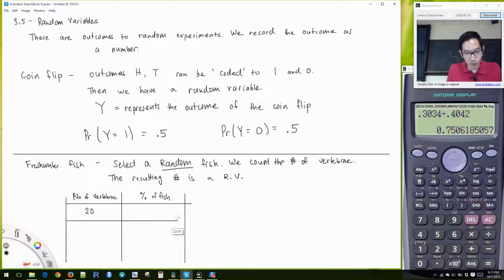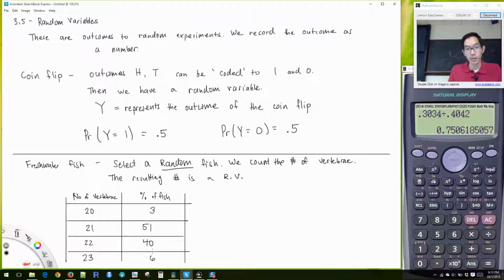Fish with 20 vertebrae, fish with 21, fish with 22, and fish with 23. And there's no other fish in the world, at least for this species. 3% of the fish have 20 vertebrae, 51% have 21, 40% have 22, and 6% of the fish have 23.